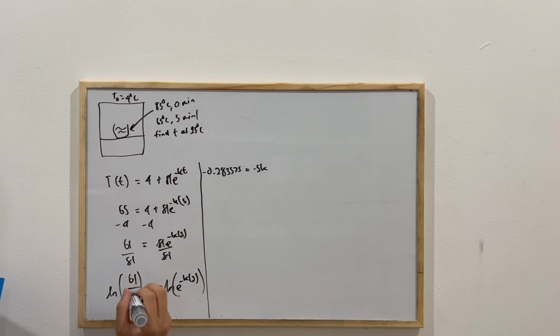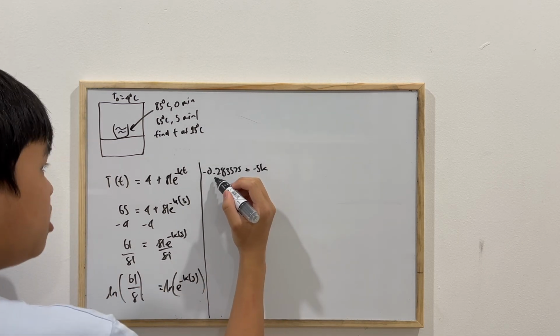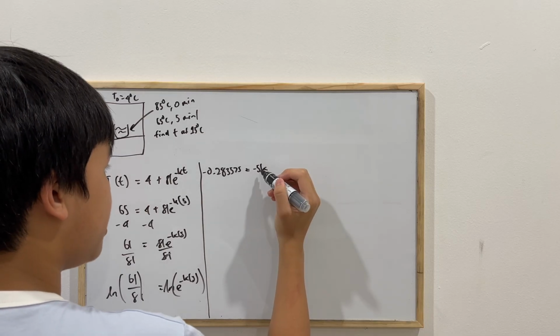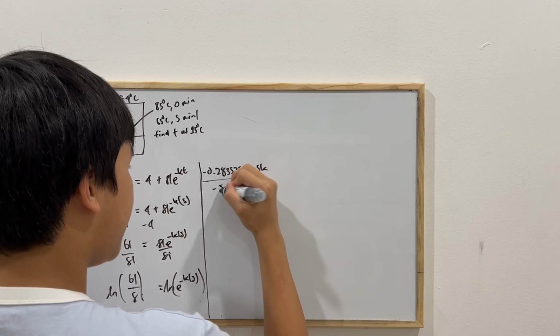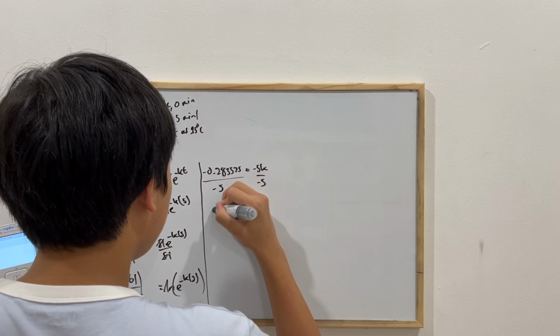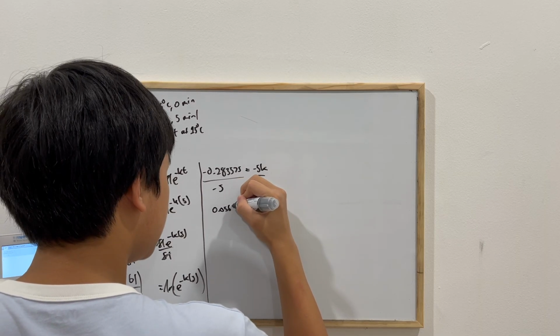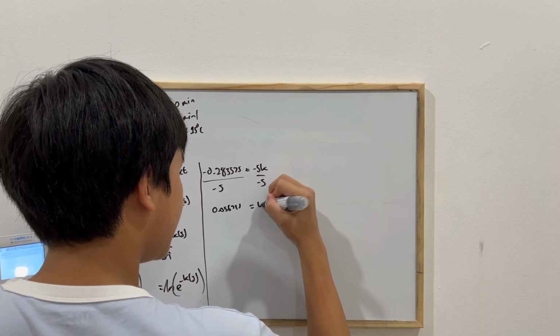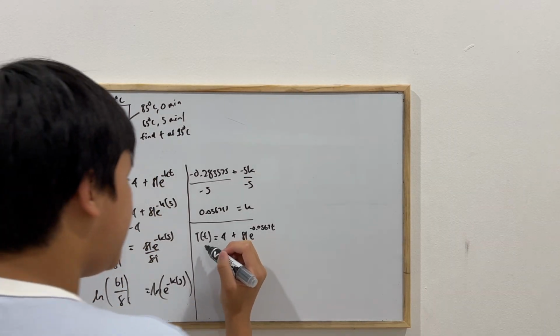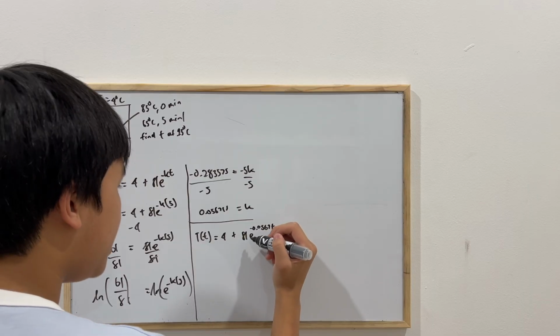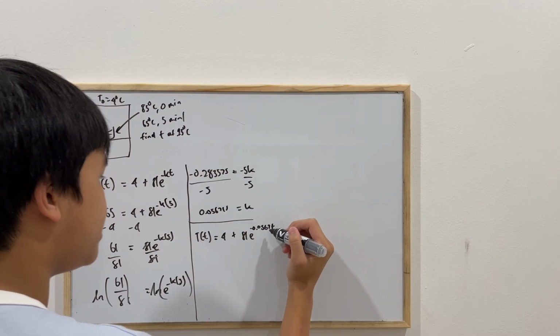So the natural log of 61 over 81 is going to be negative 0.2835 equals negative 5k. Now we're just going to divide by negative 5 on both sides. We get our cooling constant as 0.056715, and that's k. Now we can write a new function: T of t equals 4 plus 81e to the negative 0.0567t.